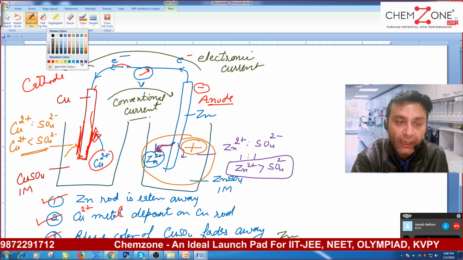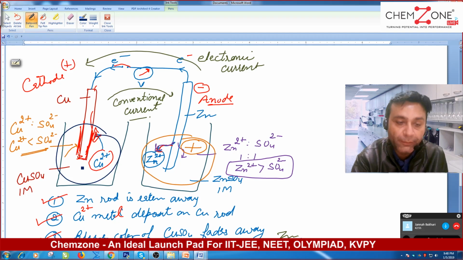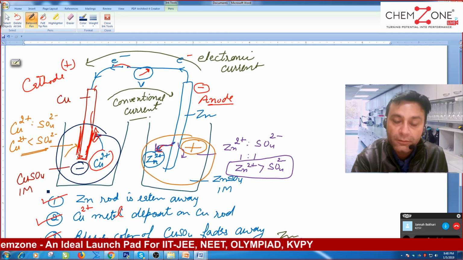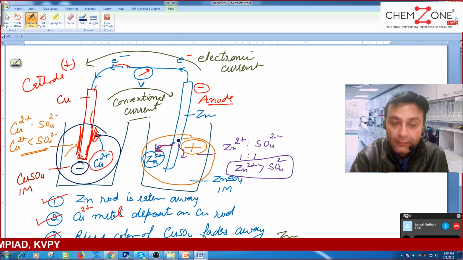Due to that, this solution will become negatively charged because of an excess of sulfate ions. Now what will happen then? The positive field of the zinc solution will not allow the electrons to move away from it, because electrons are negatively charged and the solution is getting positively charged.